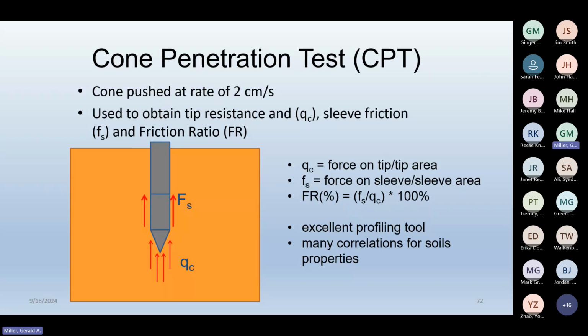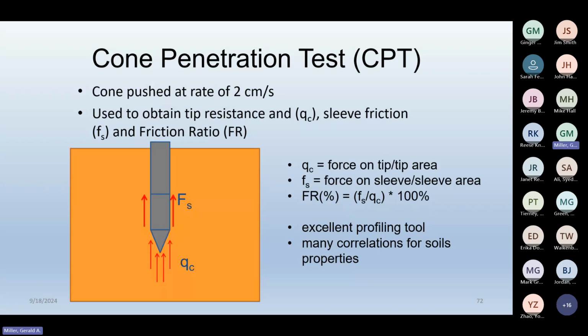So as long as you follow the standard, your equipment is calibrated well, you penetrate at 2 centimeters per second, you're going to get the same results, or you should, as the next guy running the test. Whereas the SPT tends to be highly operator dependent.